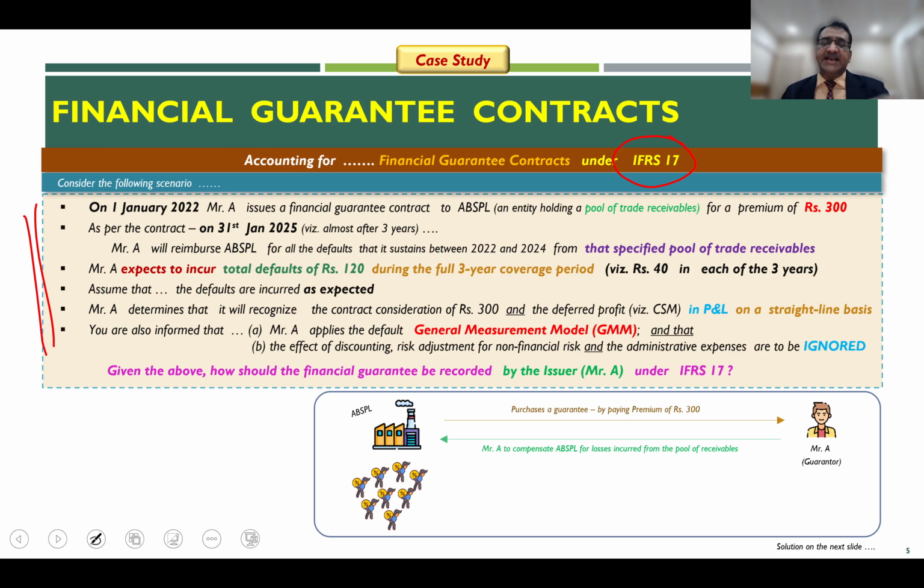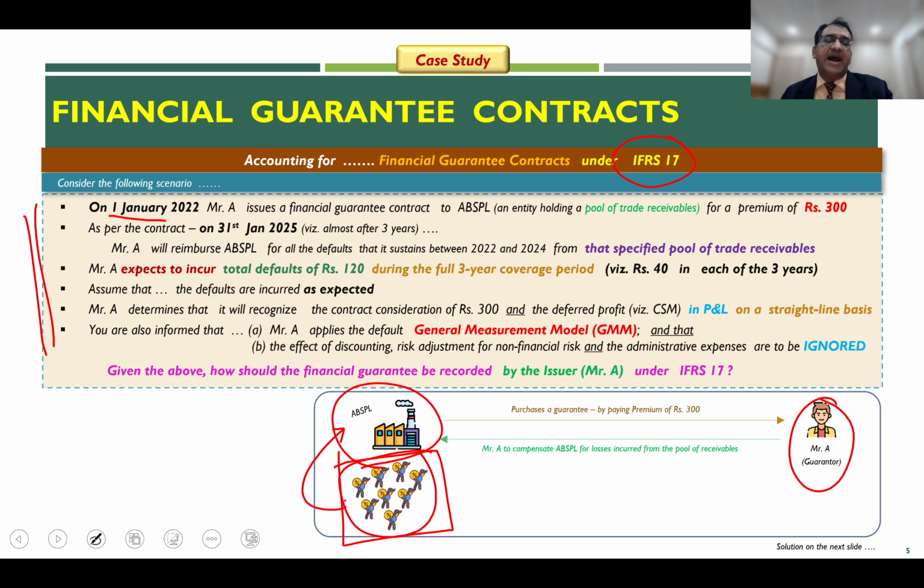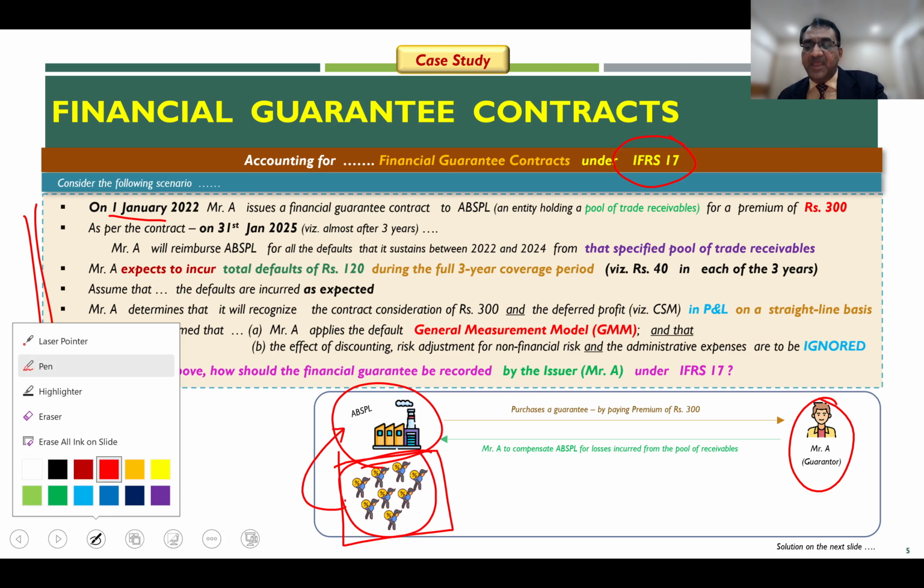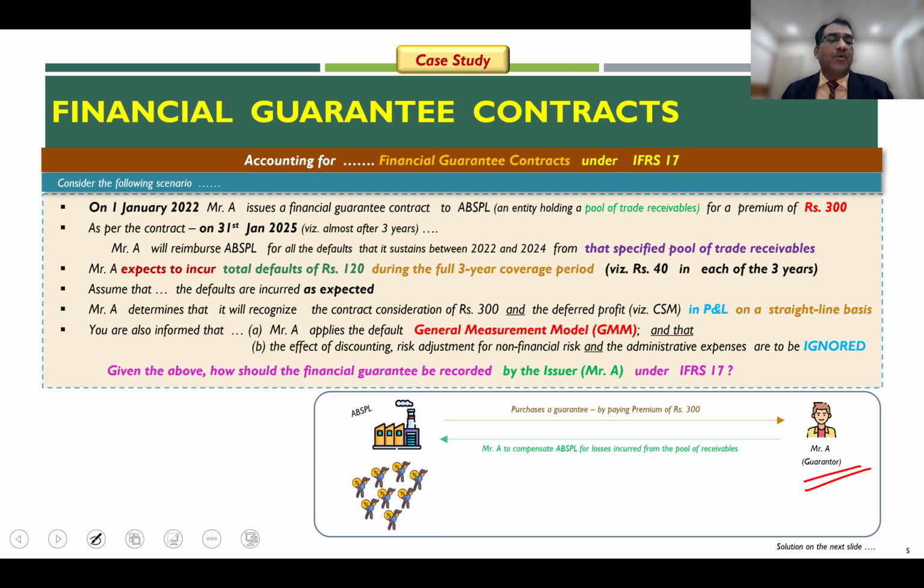On 1st of January 2022, Mr. A has issued a financial guarantee contract to ABSPL, an entity holding a portfolio of trade receivables. Mr. A, in this fact pattern, is the guarantor. He has given a guarantee for a premium of rupees 300.